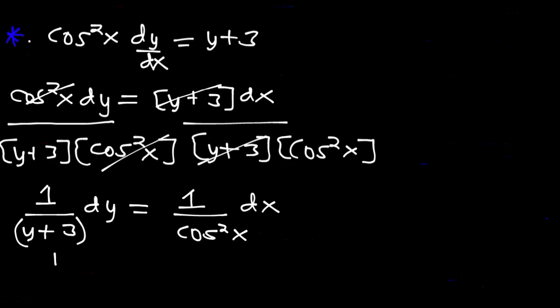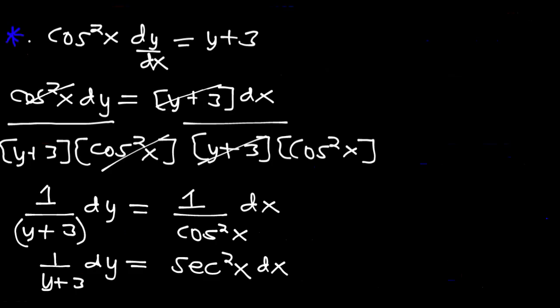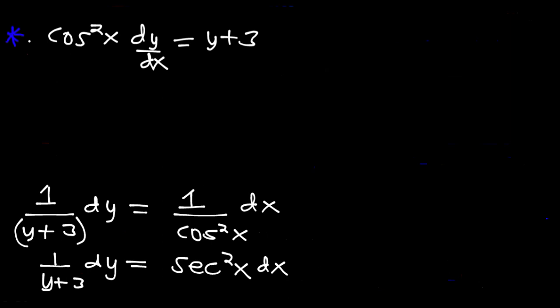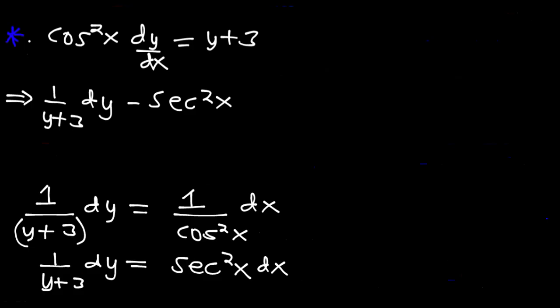So what that means is 1 over y plus 3 dy is equal to sec squared x dx. So this is what we need to integrate. But before we do that, let's just bring sec squared x to the left hand side. So that will be 1 over y plus 3 dy minus secant squared x dx, and this is equal to 0.